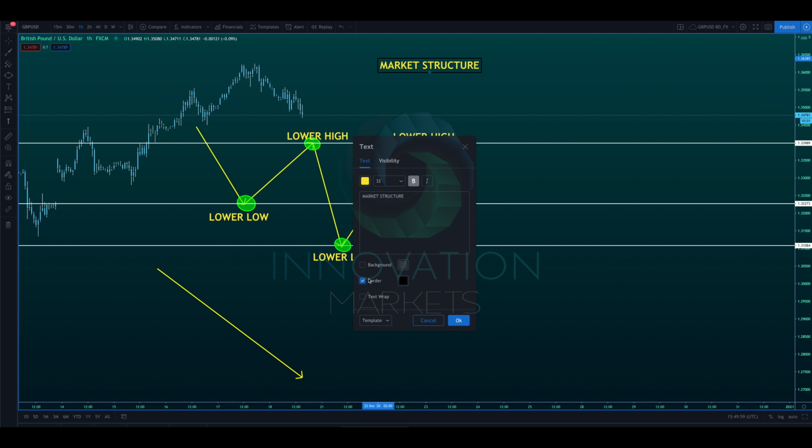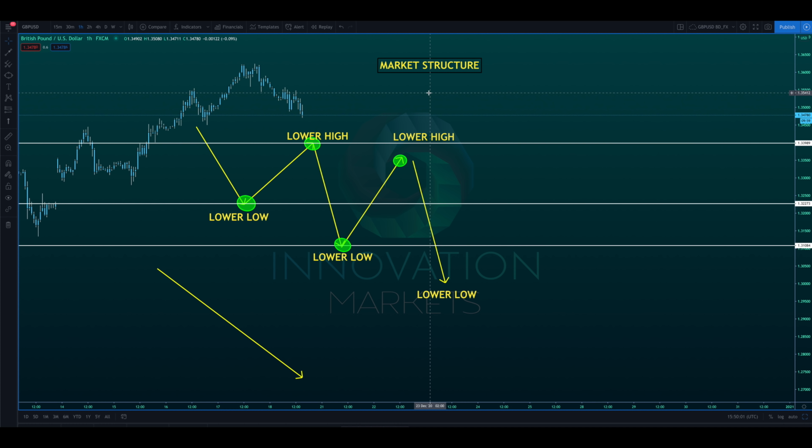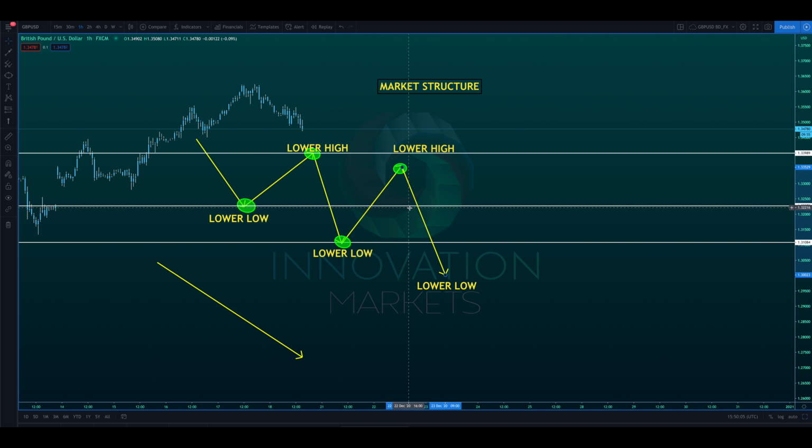Once this market structure is broken, then we can look at the trend being changed. But it's very important that you understand once the market structure is broken, because one thing I'm going to show you now is about market structure not breaking and trend lines breaking. This is the part that many people get fooled by and lose money in the market.